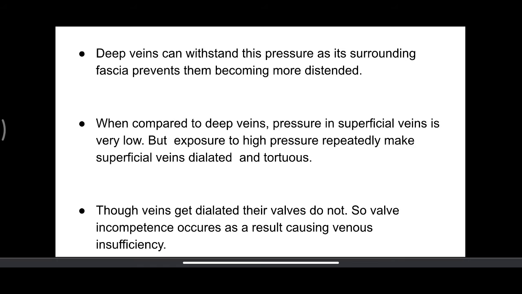When compared to deep veins, pressure in superficial veins is very low, but repeated exposure to high pressure makes superficial veins dilated and tortuous. Though veins get dilated, their valves do not. So, valve incompetence occurs as a result, causing venous insufficiency.